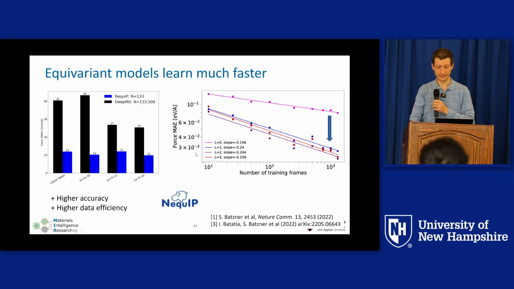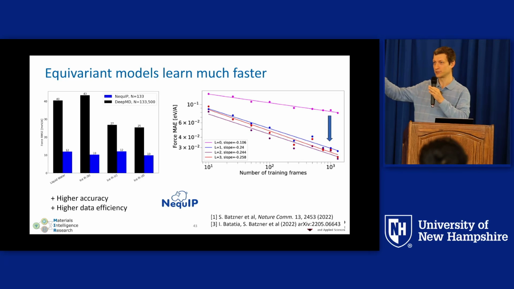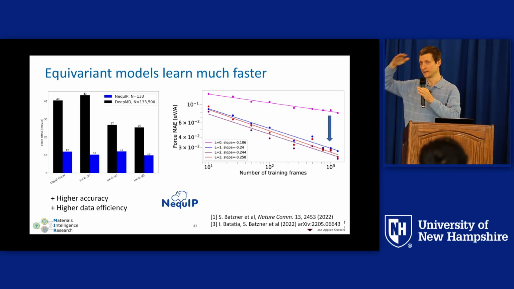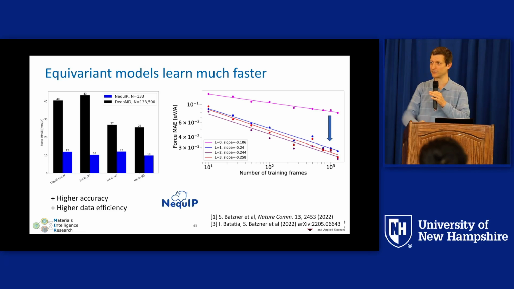What we found is that the models, once they're allowed to do equivariant operations in the representation, essentially learn on a different scaling law, right? So their learning capability changes. The exponent of the scaling of how much the error decreases with the amount of the training set size on the log scale dramatically shifts. We've seen this from many examples, and people have reproduced this many times.